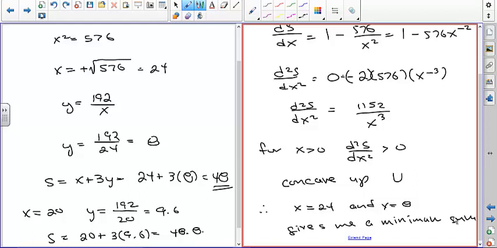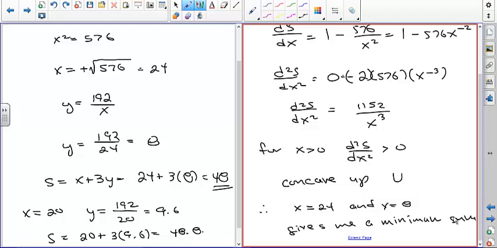Okay. So you'll need to then solve the secondary equation for either x or y, and then substitute that into the primary equation, rewriting it in terms of either x or y.